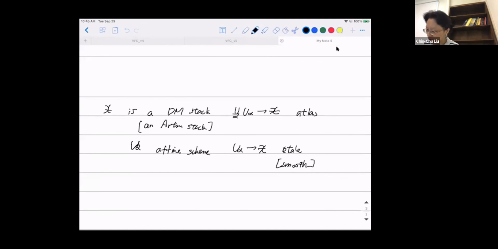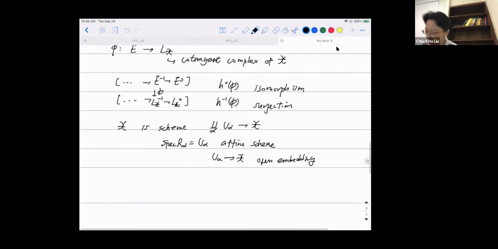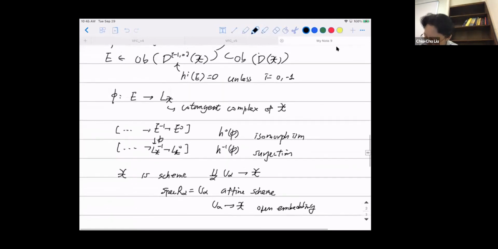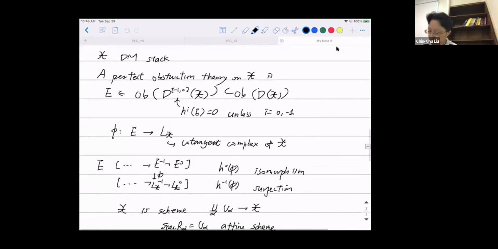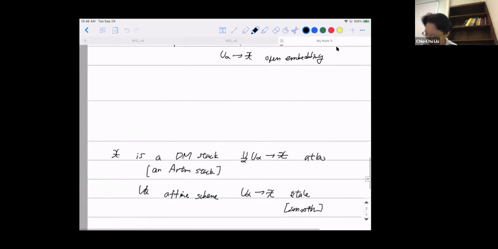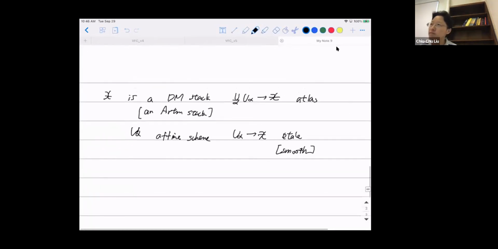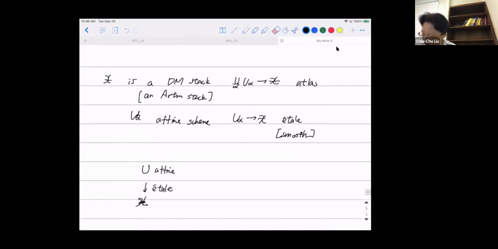So now let's consider the following. So we have an affine scheme and an étale morphism.